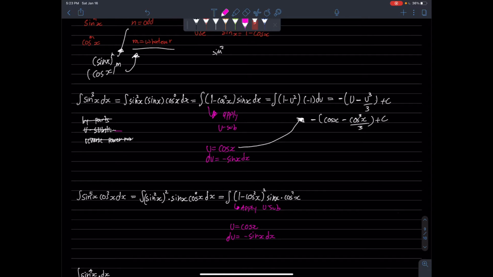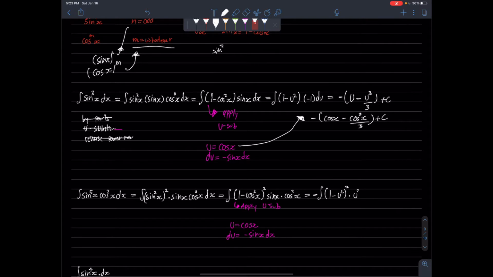Now let's plug it back in. We'll put a negative outside, and it's going to be 1 minus u squared times, sine x is gone, that's why the negative is there, times u squared. Now can we do this? Of course we can. Du.